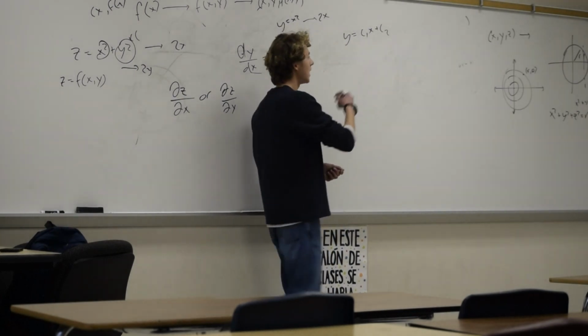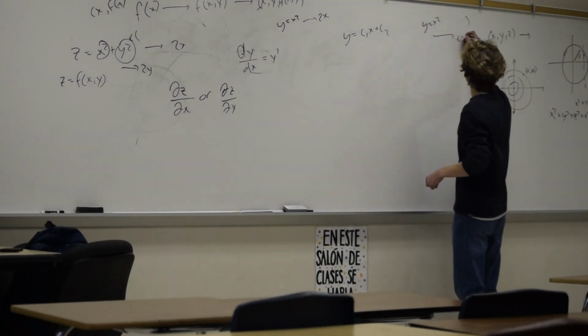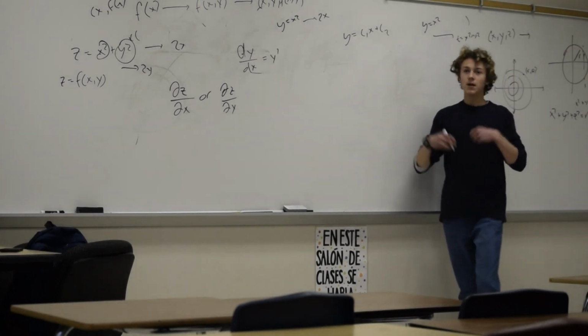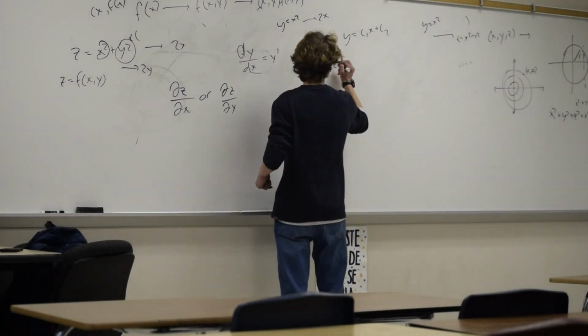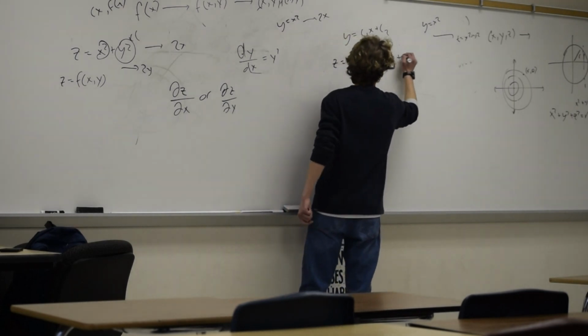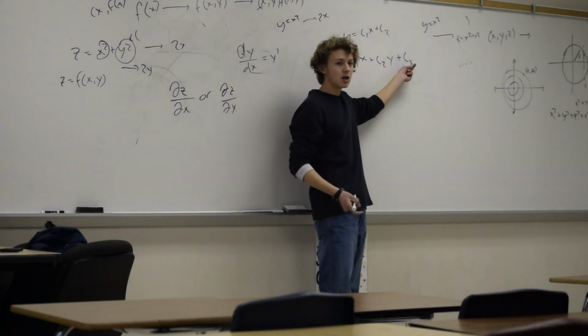Just like we go from a parabola y equals x squared to z equals x squared plus y squared, our equation for the plane follows the exact same pattern: z equals constant 1 x plus constant 2 y plus constant 3, where this just shifts our graph up and down to make sure that it actually is touching the point.